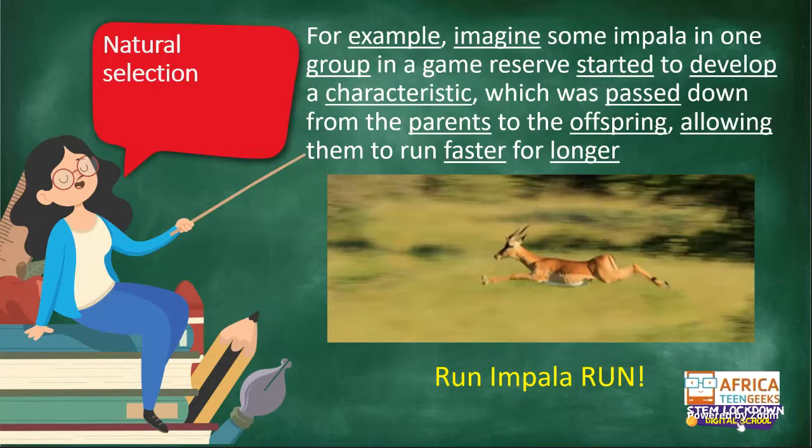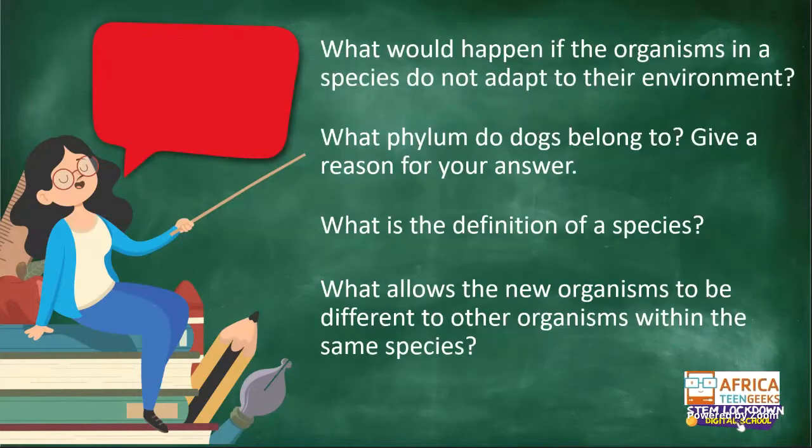So what that would mean is, it can happen, yes, all life dies. Let me just get to that last question so that we can stay on topic. So here it says, what would happen if the organisms in a species do not adapt to their environment? We said that they will die out or they will become extinct.